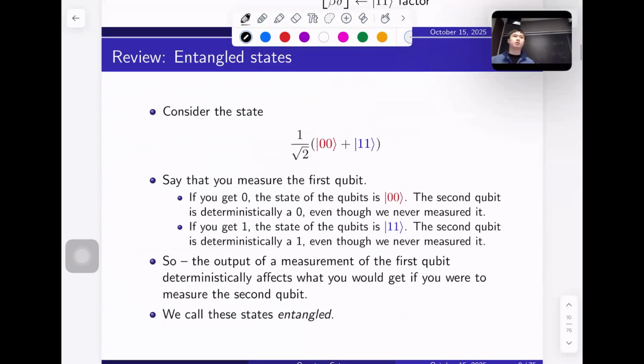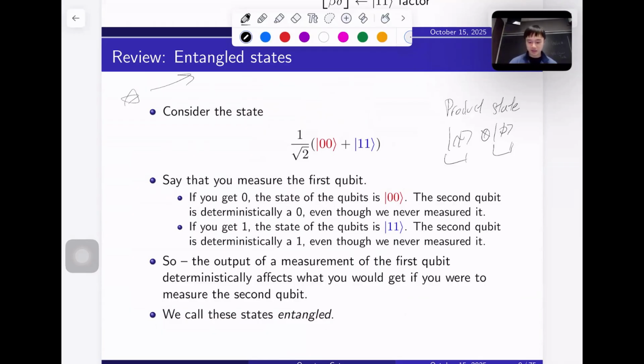Next, we talked about how once you have multiple qubits, they might not necessarily exist separately in a product state. What I mean by product state is what we saw before, where each qubit is well described by its own ket or vector. Alternatively, when it's not in this product state, it's called entangled.